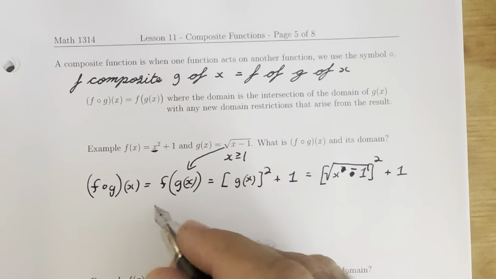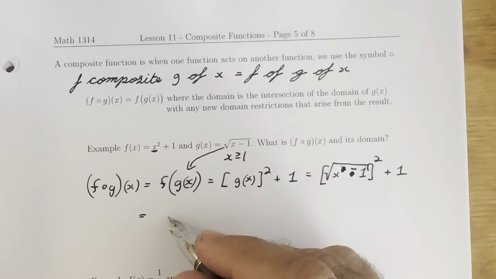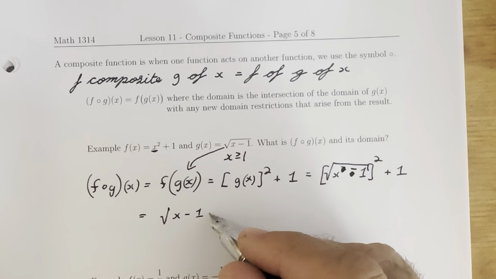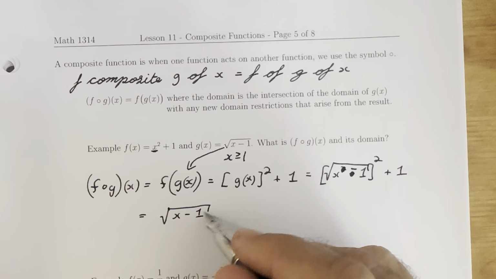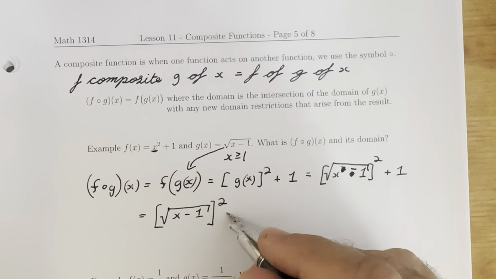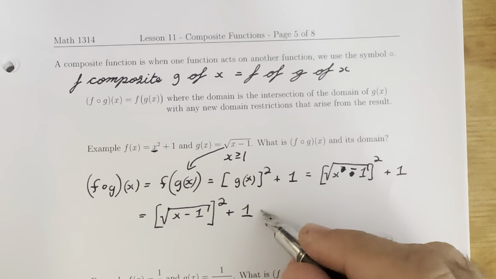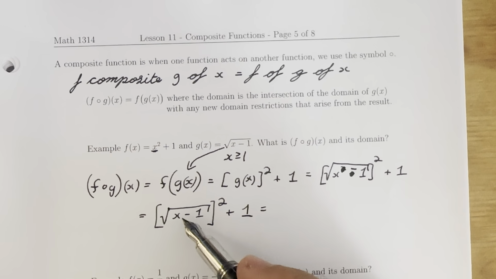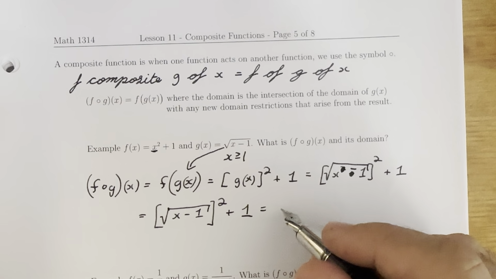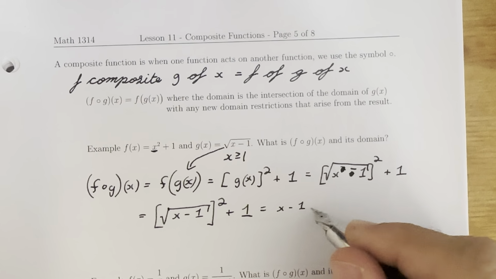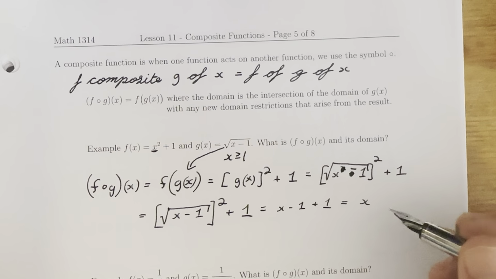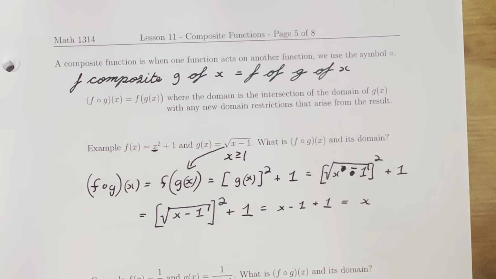It's a little messy, so let me rewrite that. So we've got the square root of x minus 1, squared, plus 1. All right, so the square of a square root is just what's inside. And so we end up with x minus 1 plus 1, which is the same thing as x.